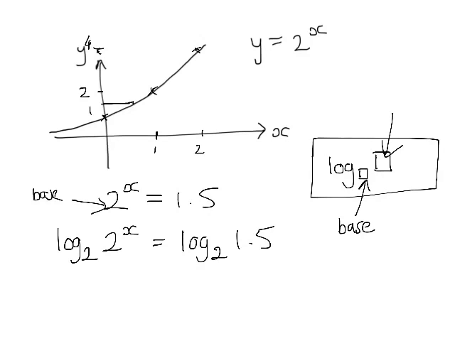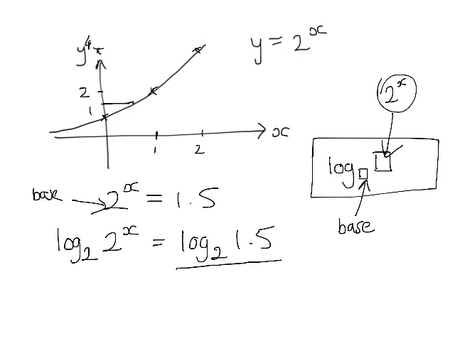And this is what we're taking the logarithm of. In this case, it is 2 to the power of x. We're not going to be able to put this in our calculator. So what we're going to need to put in is this log to the base 2 of 1.5.